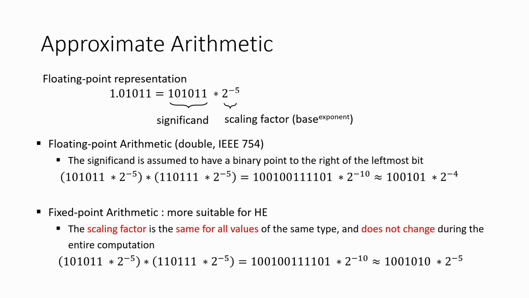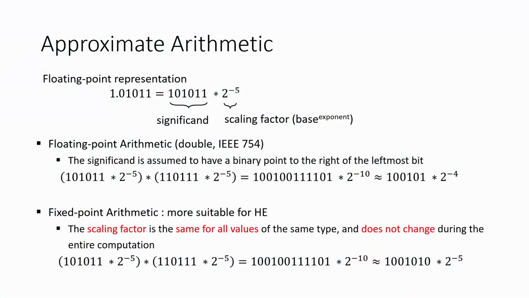They are called floating point arithmetic and fixed point arithmetic. They are somewhat similar, but both of them first multiply two significands and perform some rounding operation to make a trade-off between precision and efficiency. But the main difference is that in the case of floating point arithmetic, we always store a fixed number of bits of significand, and the scaling factor can dynamically change during the computation.